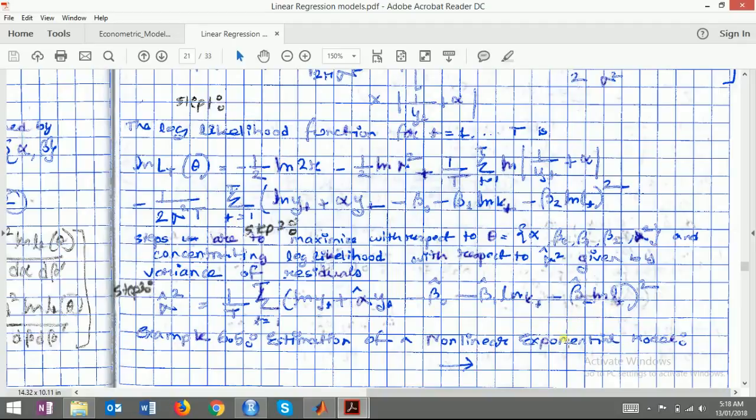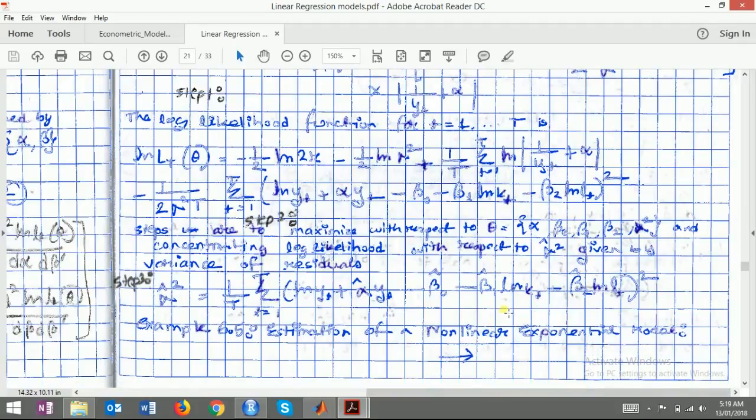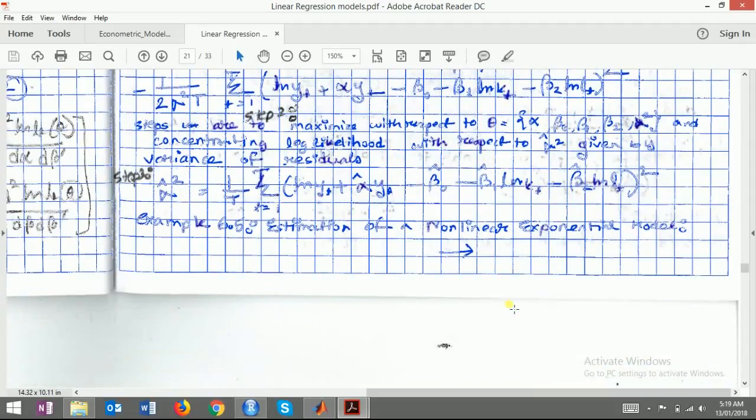Same thing, very simple. So that is example 6.4, when we concentrate out the log likelihood with respect to sigma square hat, and that is essential because the Newton-Raphson algorithm will be simplified given sigma square hat, that we will check. Example 6.5, estimation of a nonlinear exponential model.